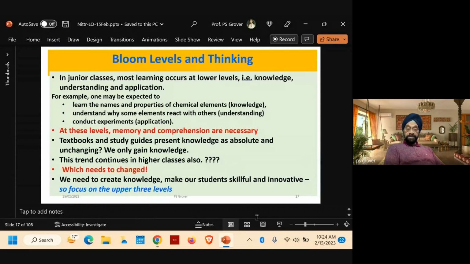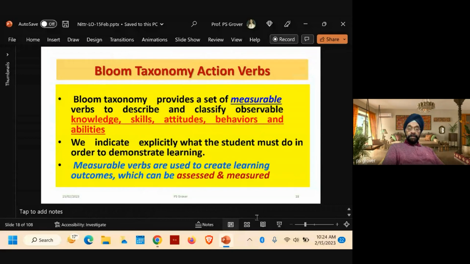So when I formulate my course outcomes and my program outcomes, my emphasis should be on the upper levels. Now, how do I embed that? For this, Bloom has given certain action verbs. Bloom's taxonomy provides a set of measurable verbs to describe and classify observable knowledge, skills, attitudes, and behaviors.